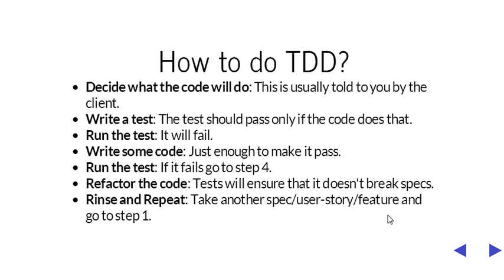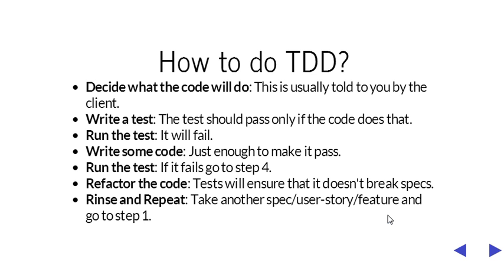In very simple steps, like an algorithm. If I were to describe it, it's like this: decide what the code will do. This is usually built using user stories or having a conversation with the client and jotting down some bullet points and identifying, based on your experience, what the core functionality is, and agreeing with the customer or the client.